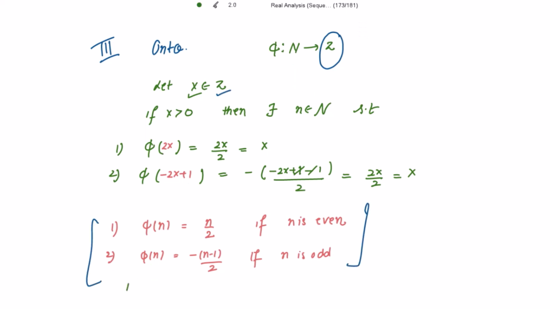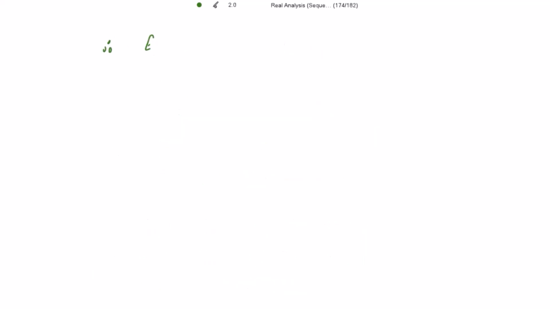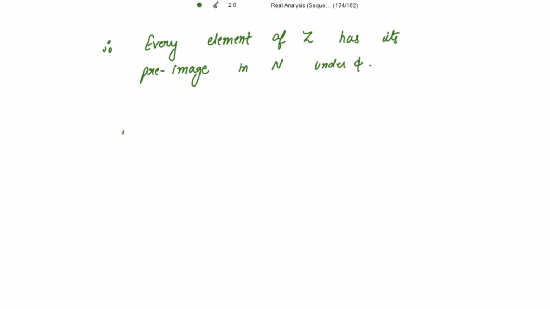So writing here, but x was arbitrary, therefore every element of Z has its pre-image in the set of natural numbers under phi. So therefore phi is onto.